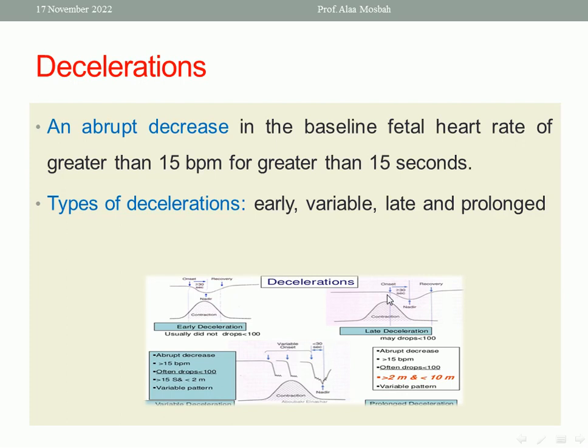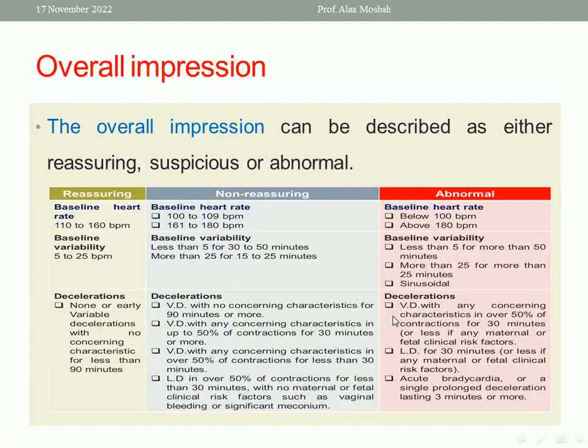But here it started during contraction and continues beyond the relief of contraction. So this is called late deceleration, and the late deceleration is a dangerous sign of fetal hypoxia, also the variable deceleration of concerning characteristics.